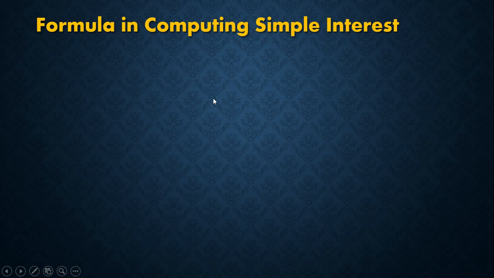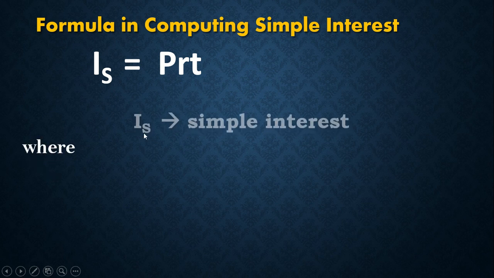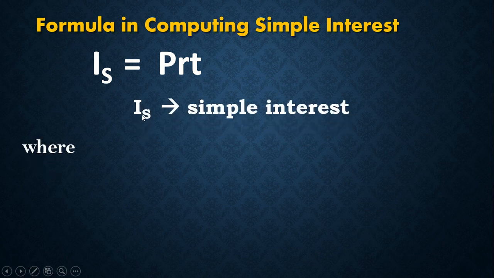We have to understand the formula in computing simple interest. So ito ang magiging formula sa simple interest. We have a big letter I na may subscript na small letter s that is equal to PRT, where this big letter I with subscript small letter s is the so-called simple interest.